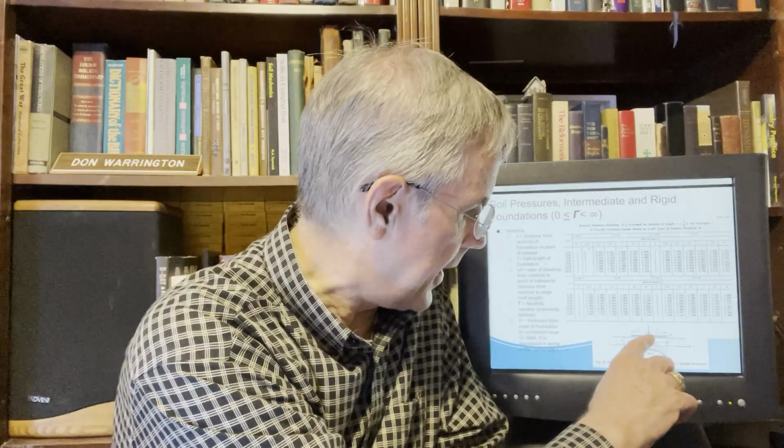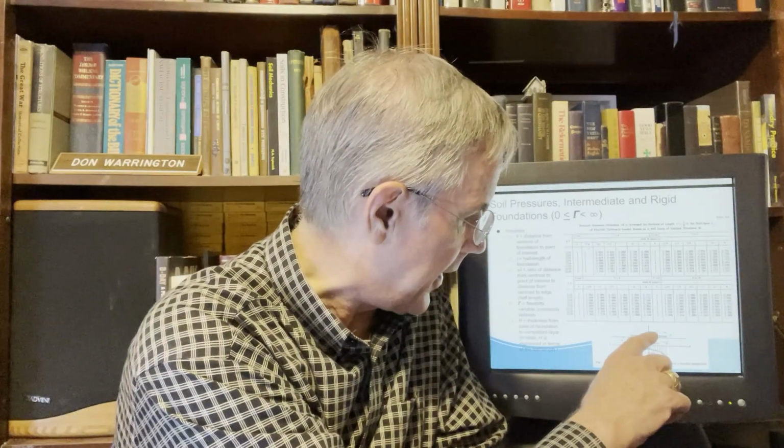All right, then we have another table. This is probably the trickiest table of all, for intermediate and rigid foundations. First of all, we have the distance. We have this plot here, and we've got L this way, half widths of L. It could also be half widths of B as well.